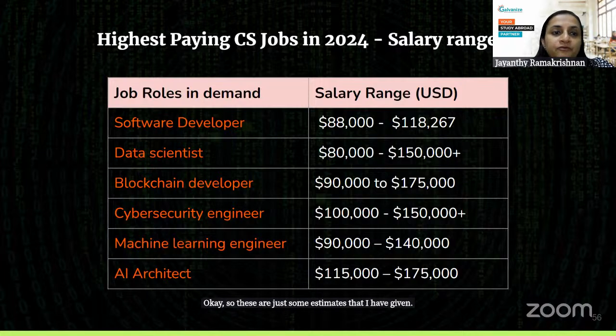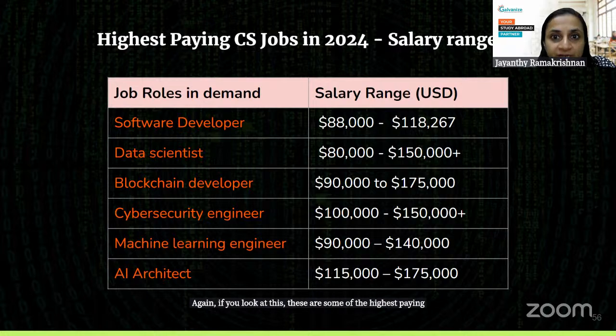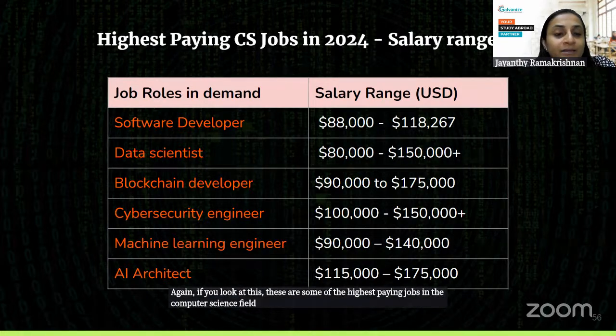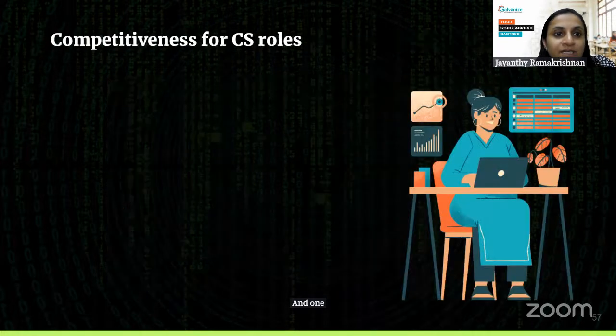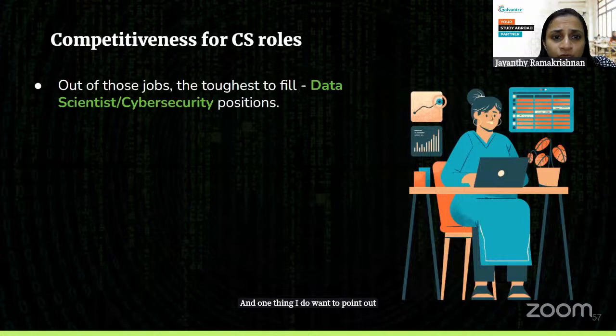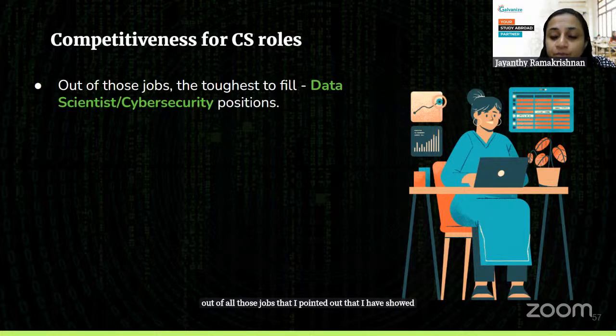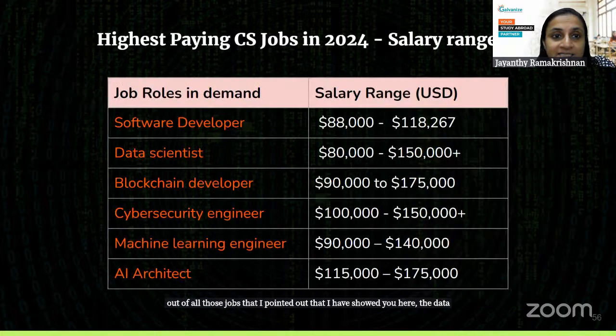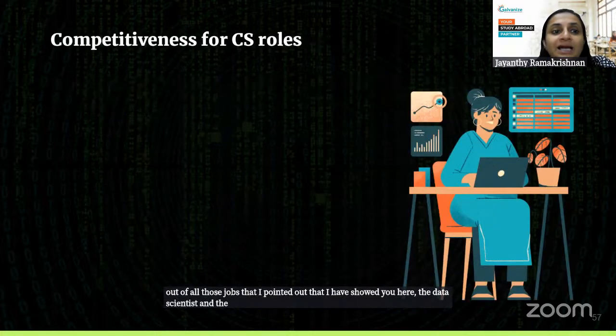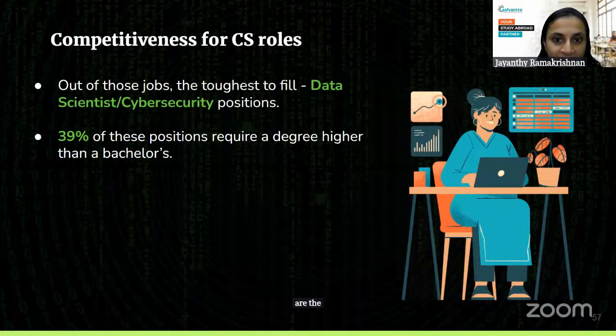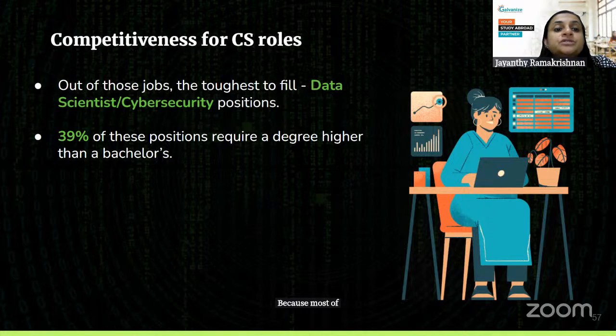Again, if you look at this, these are some of the highest paying jobs in the computer science field in 2024. And one thing I do want to point out is that out of all those jobs that I have showed you here, the data scientist and the cybersecurity positions are the most difficult to find because most of these positions require more than a bachelor's degree.